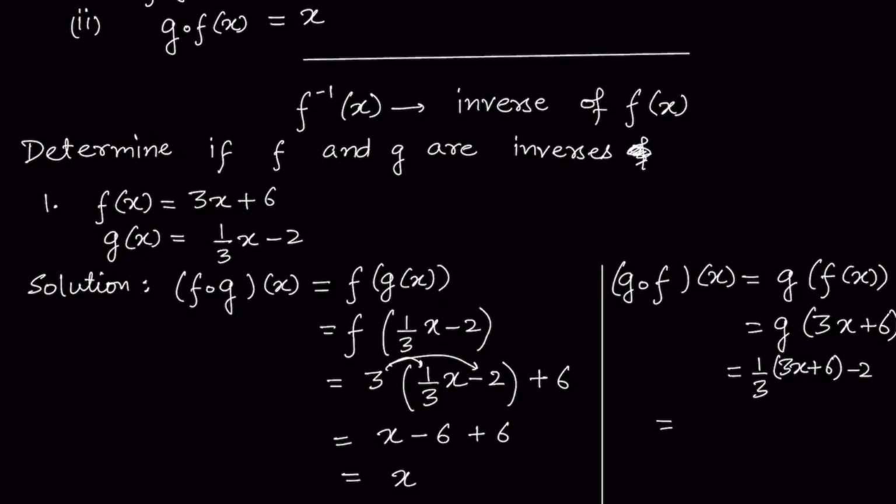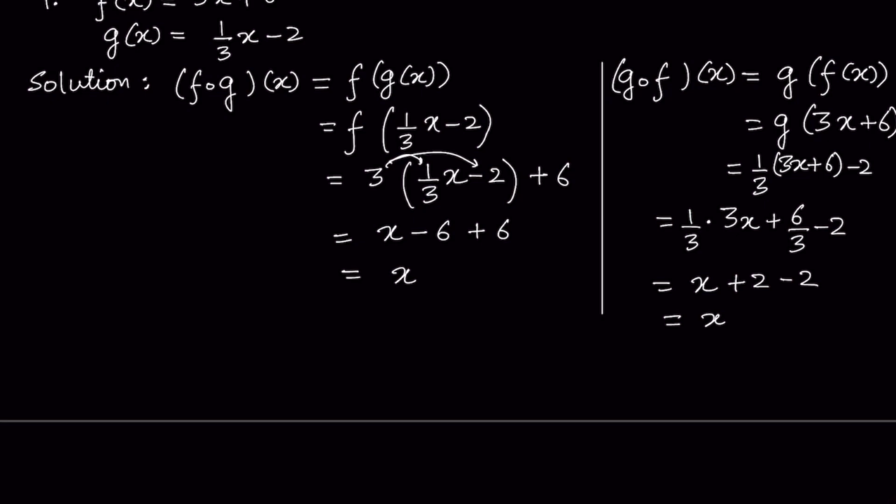Distribute 1/3. That gives us 1/3 times 3x plus 1/3 times 6 minus 2. 3 and 3 will cancel out. So we got x plus 2 minus 2 equal x. So in both cases, we got x. So f and g are inverse of each other.